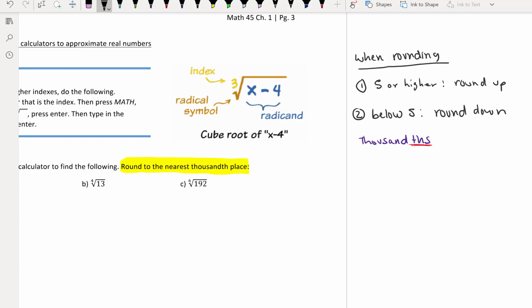So let's think about this. If I had my decimal, then I would have the tenths, hundredths, thousandths place. So over here, that's my ones. This is my tenths. This is my hundredths. And this last one over here would be my thousandths.